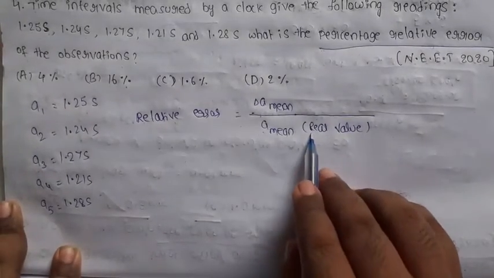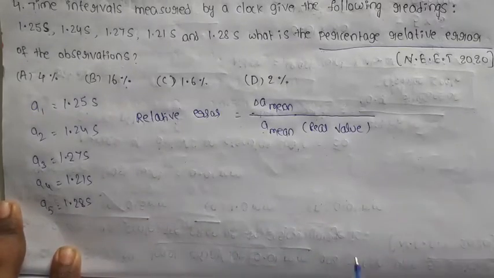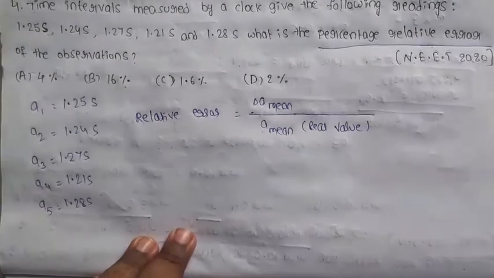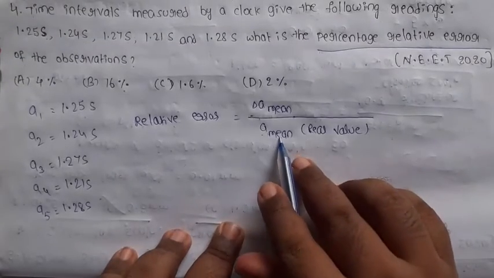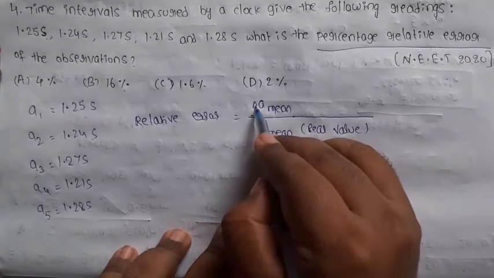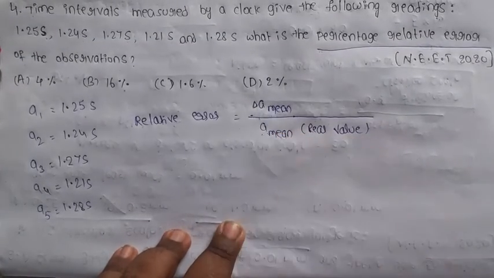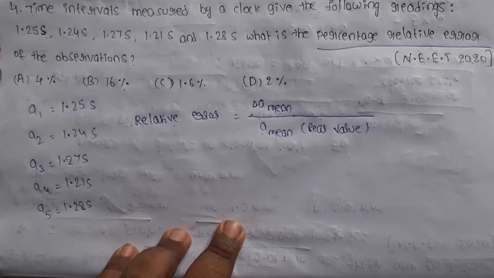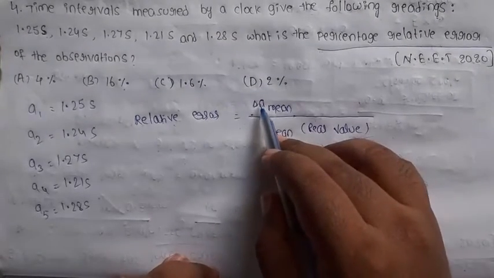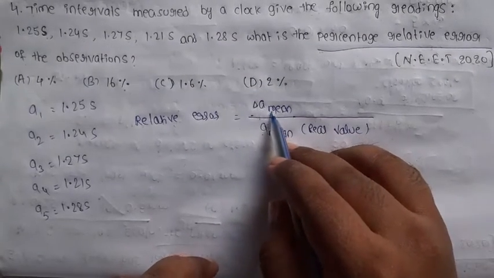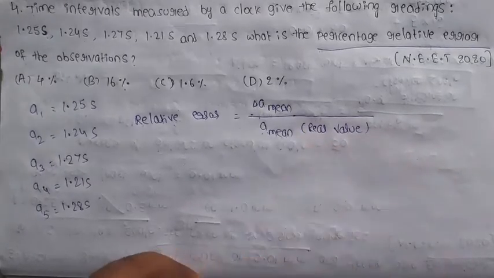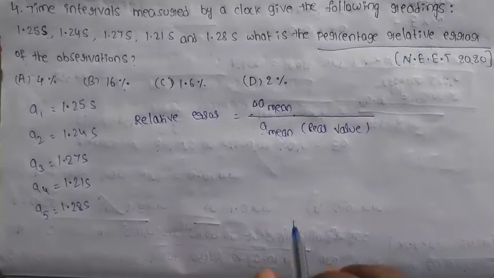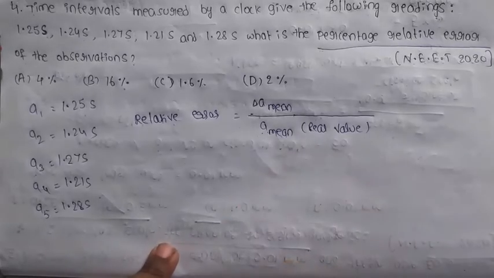Here A mean is the real value, and we are taking the mean value. Next, delta A mean means the change in the intervals. We can call it the error value. Delta A mean is called the error value, for which we take the mean of all values. First I am going to find the A mean.